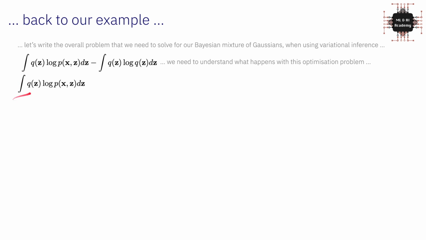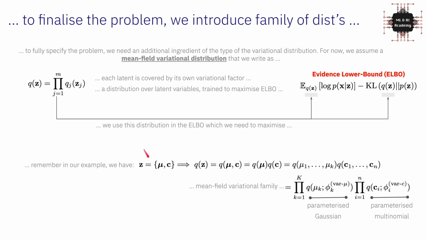So let's start with the integral of q of z log p of x and z dz. Remember, q of z is our variational distribution, which will later become parameterized, and we want to find its parameters. Remember that z is nothing but the mu and the c. As we said in this slide, the latent variables in our Bayesian mixture of Gaussians are just the collection of the vector of means and the collection of one-hot vector c's.